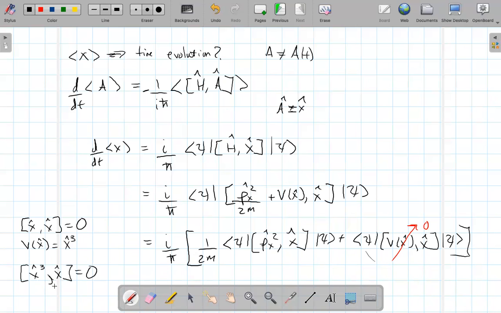But anything with x simply commutes with itself, so this is automatically going to be 0. Since this is only a function of position, this expectation value will be 0 because the commutation relation will be equal to 0. So the only non-zero commutation relation we're going to have is this one.